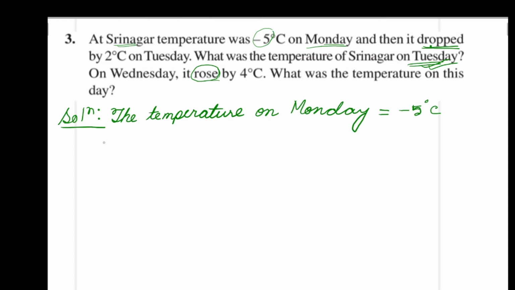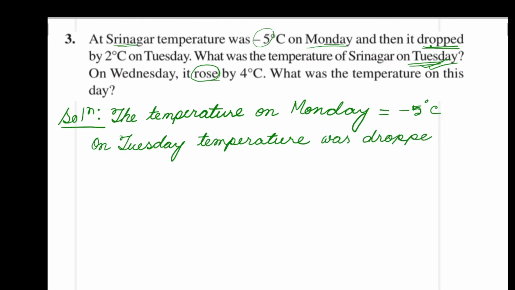Okay. Now, temperature was dropped by 2 degrees Celsius. How to write? On Tuesday, temperature was dropped by 2 degree Celsius, that is minus 2 degree. Okay. So, what is the temperature on Tuesday?